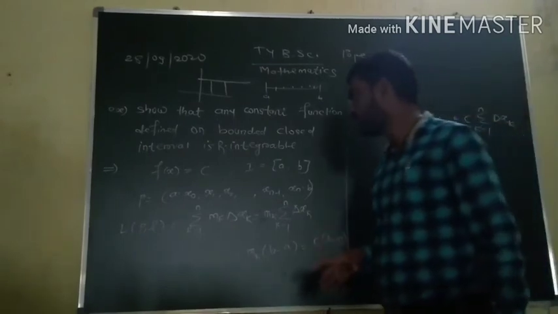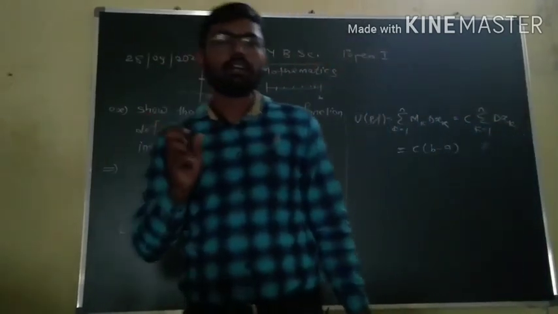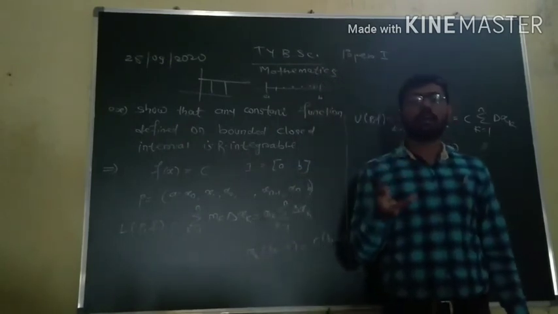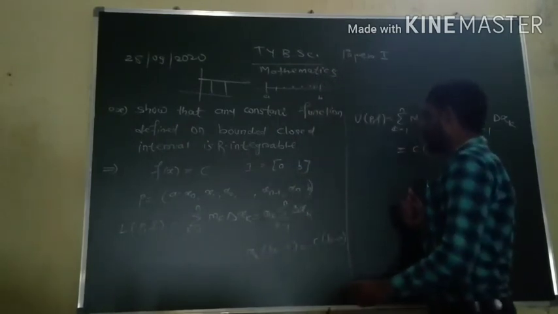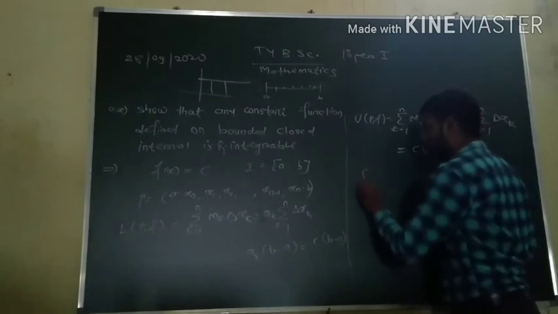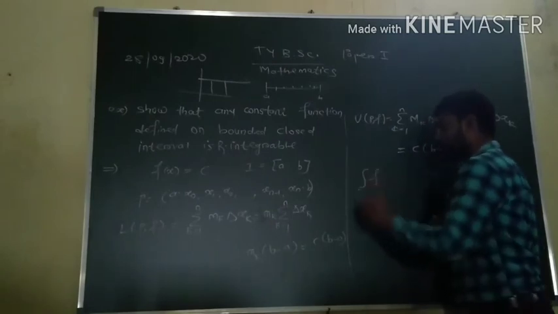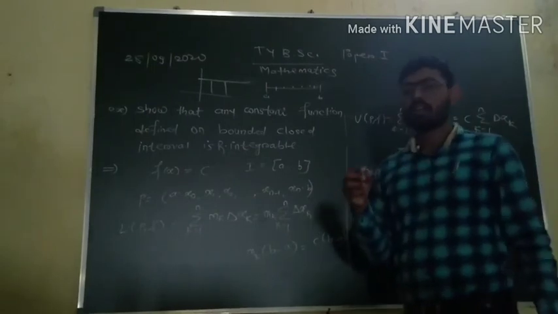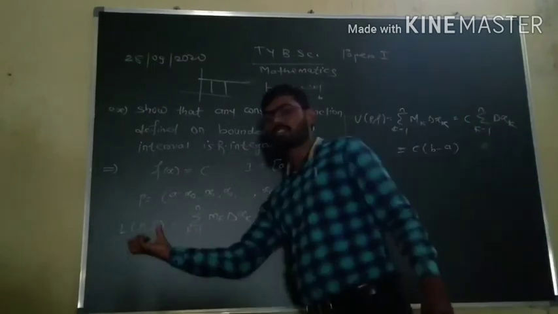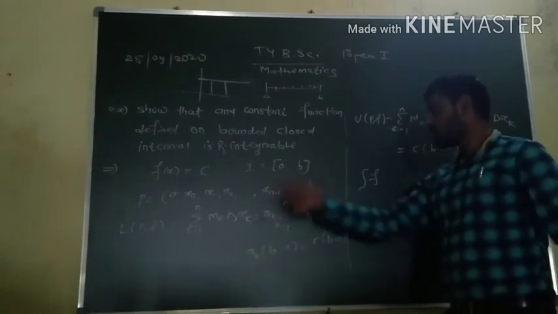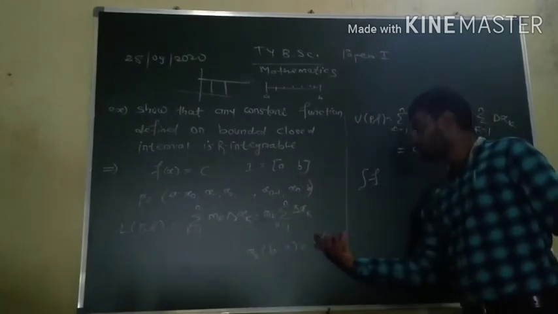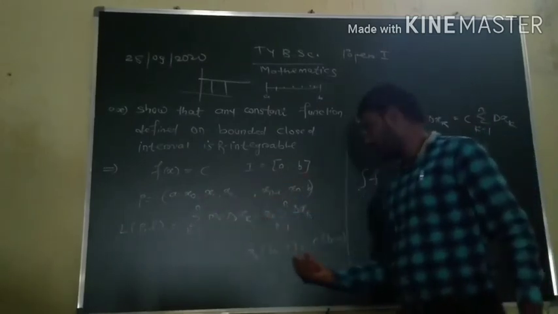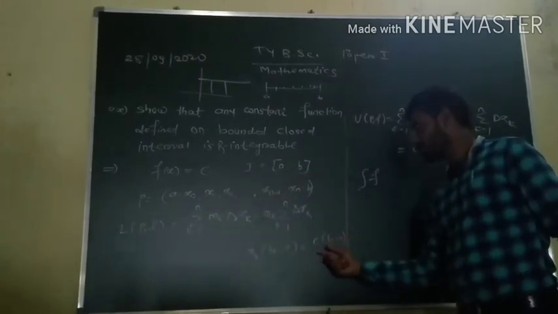Now we have calculated the lower sum and upper sum, but we have to find the lower integral and upper integral. So what is the lower integral? The lower integral of this function is nothing but the supremum, or least upper bound, of the set of all lower sums. See, the lower sum is constant, c into b minus a, a fixed value. Take any partition, we will get the lower sum c into b minus a.